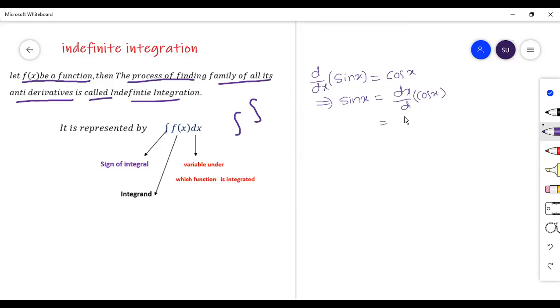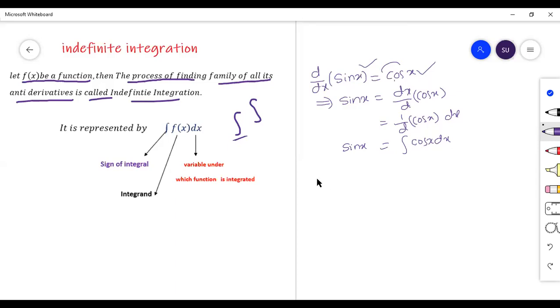Now can I write it as 1 by d, keeping cos x into dx? 1 by d is nothing but 1 by derivative, that is nothing but antiderivative, that is integral. The symbol is integral of cos x dx is equal to sin x. So d by dx of sin x is cos x, whereas if you reverse it, the integral of cos x is sin x.